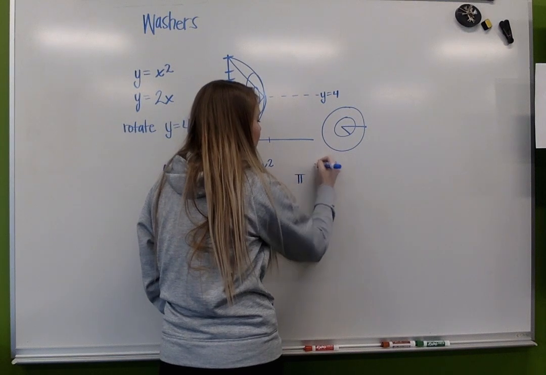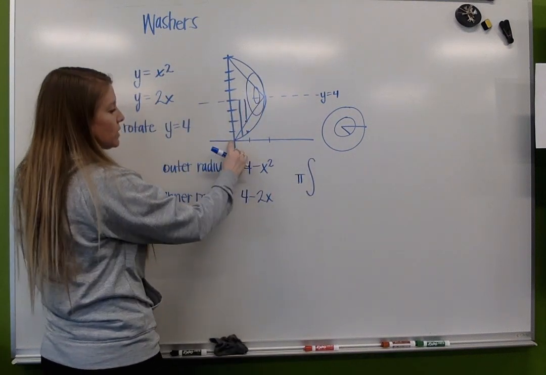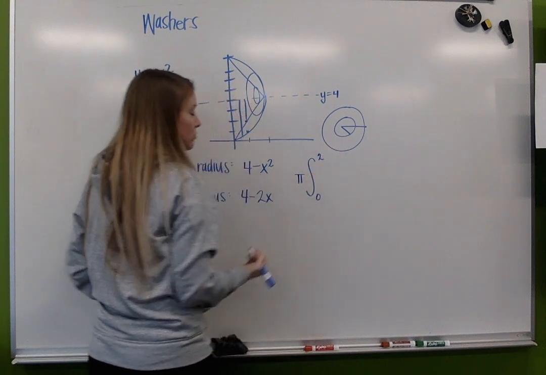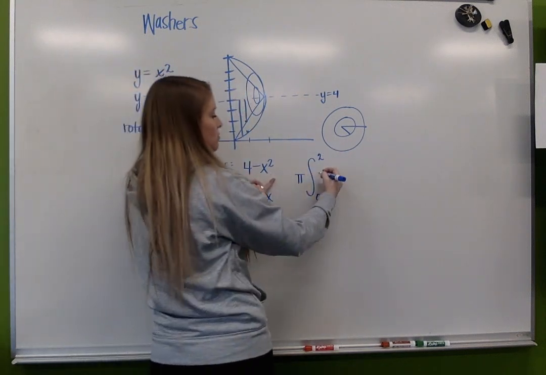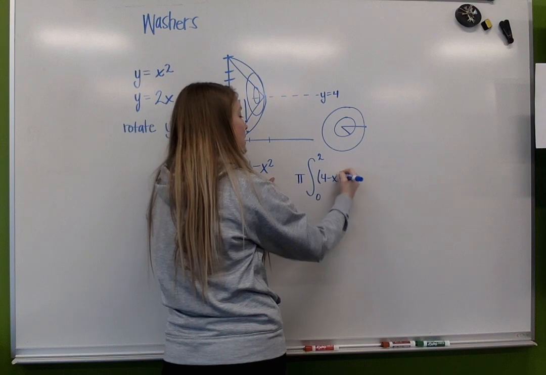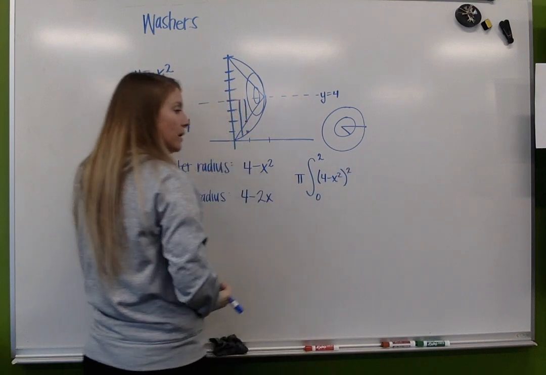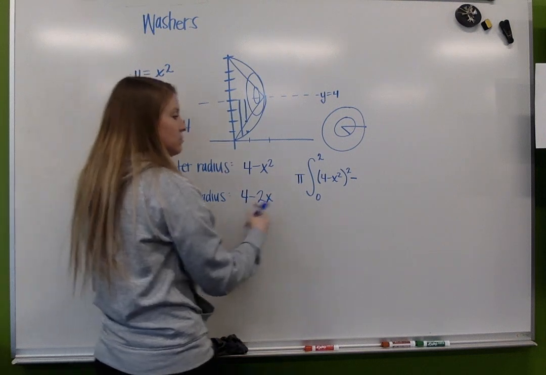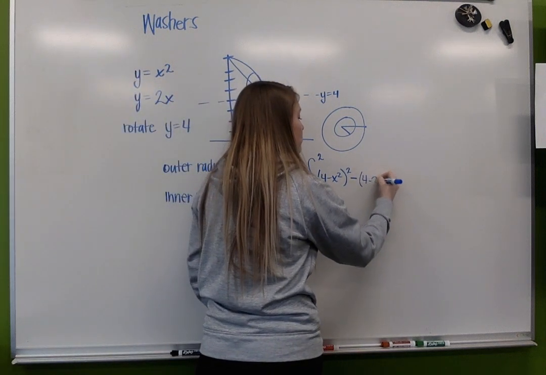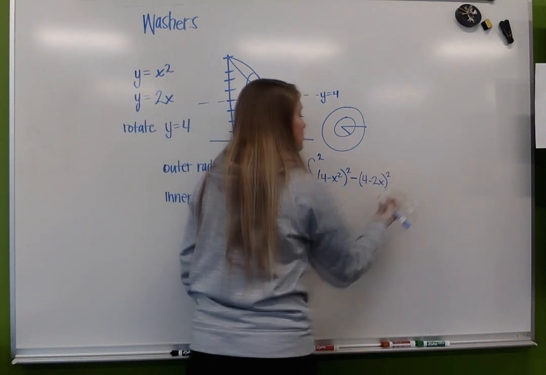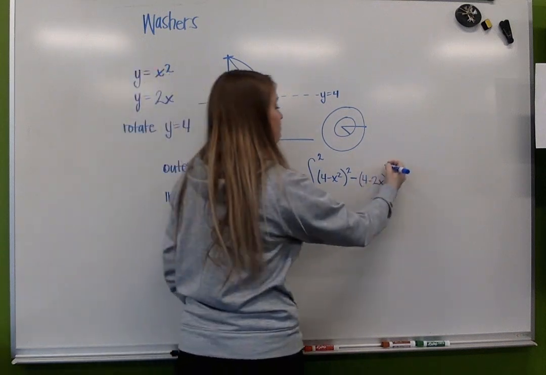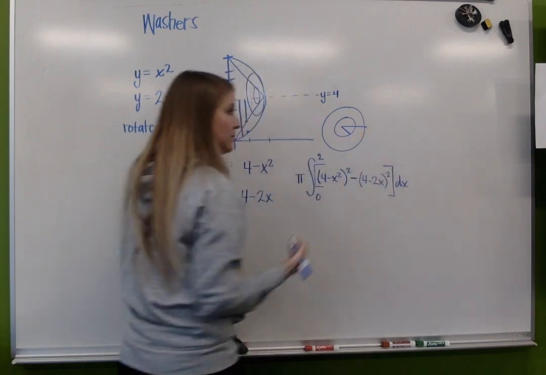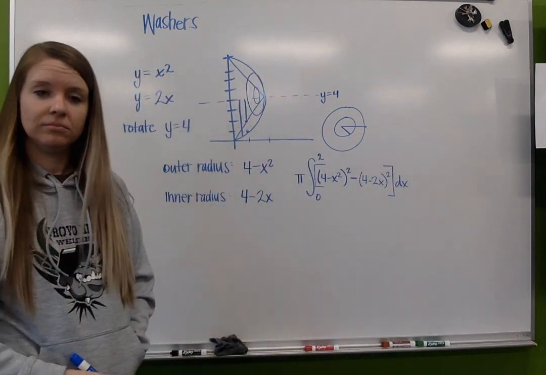So pi times the integral, we're still going from 0 to 2. Outer radius, which is (4 minus x squared) squared, minus the inner radius, which is (4 minus 2x) squared. Give it a little bit of depth here, dx. All right?